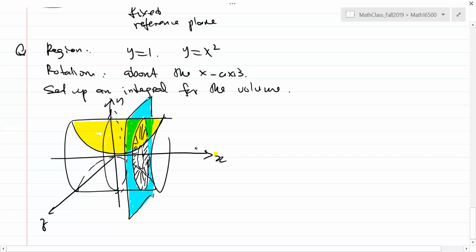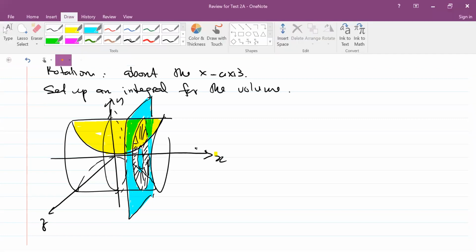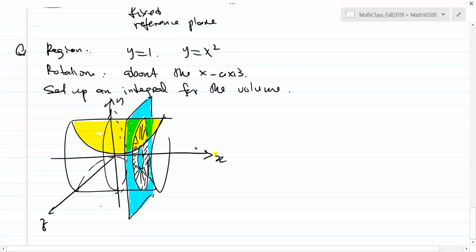The cross section has no color, but the remaining part has color. So this is the distance between this plane and the YZ plane, right? It is going to be X, right? So that is a distance.